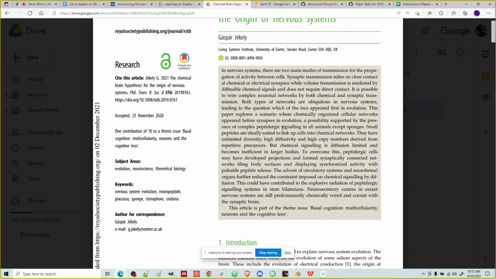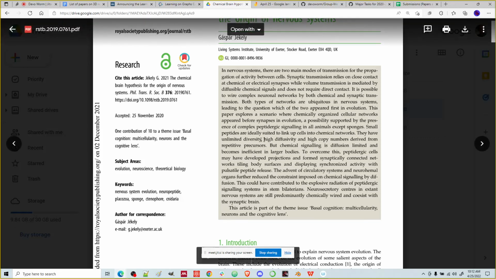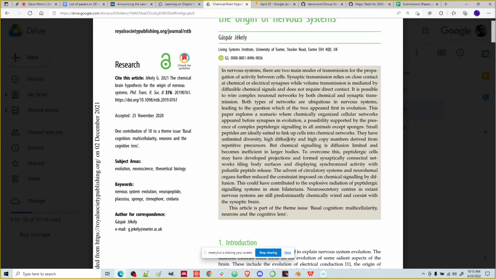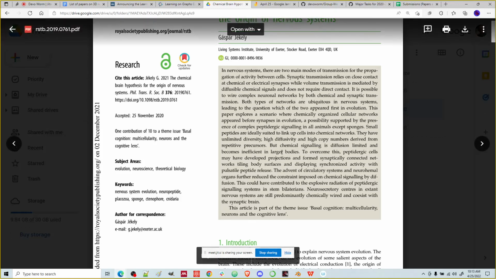but you have chemical communication between cells. Small peptides are ideally suited to link up cells into chemical networks. They have unlimited diversity, high diffusivity, and high copy numbers derived from repetitive precursors. But chemical signaling is diffusion limited and becomes inefficient in larger bodies.